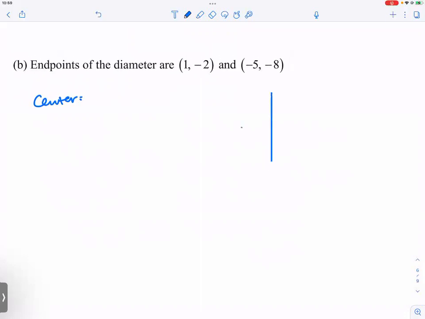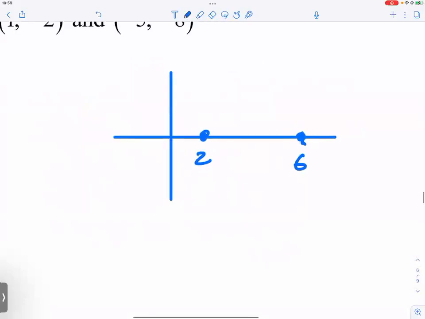In a very hypothetical and easy situation, if I have 2 points right here on the x-axis, 2 and 6, what's the midpoint between these 2 points? 4, right?